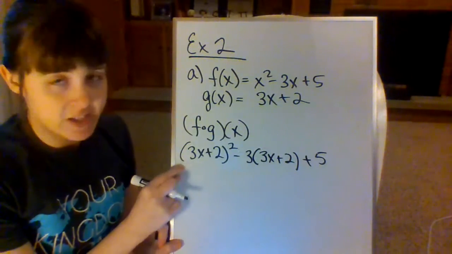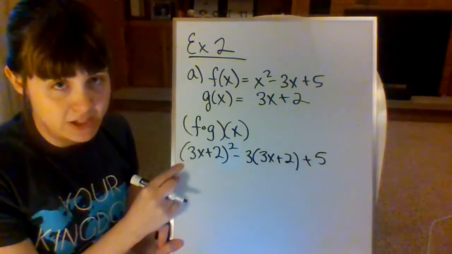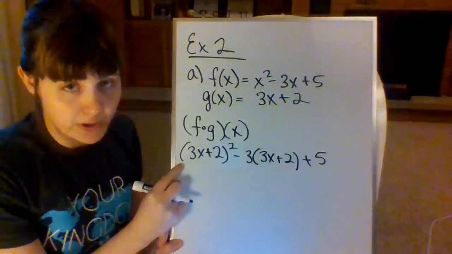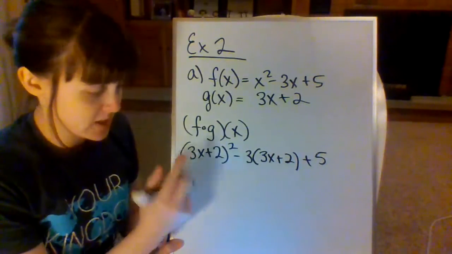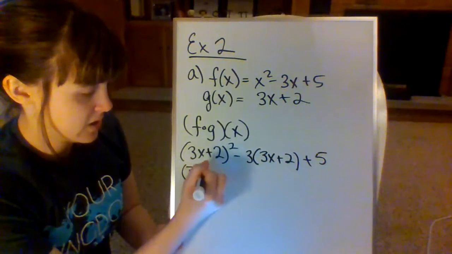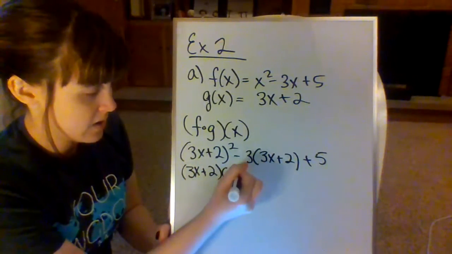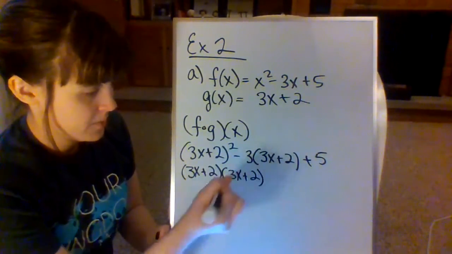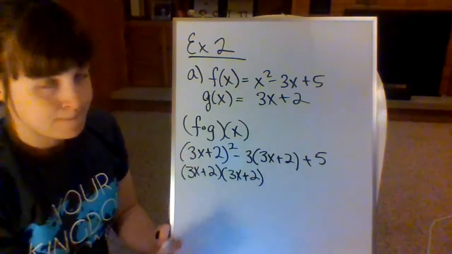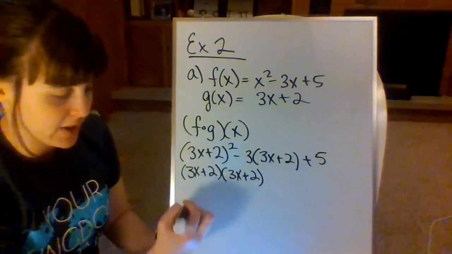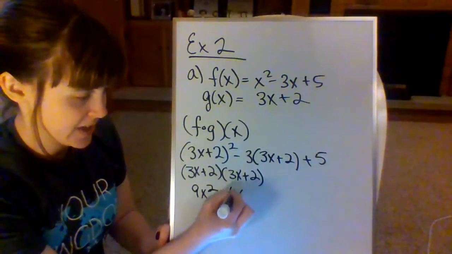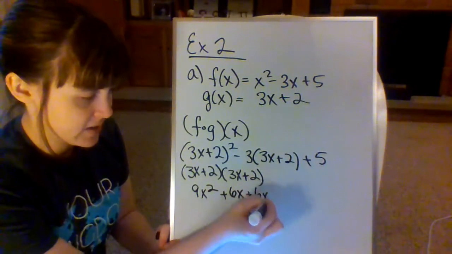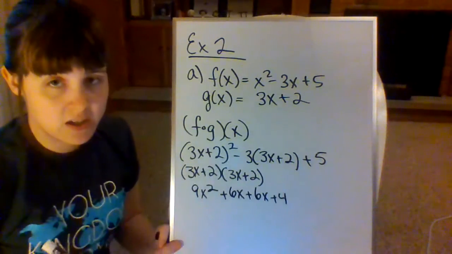Anytime you see a quantity squared, that means you write this twice and you FOIL it. If we write that twice and FOIL it, what we get is 9x squared plus 6x plus 6x plus 4.